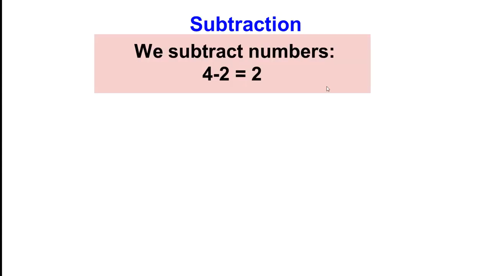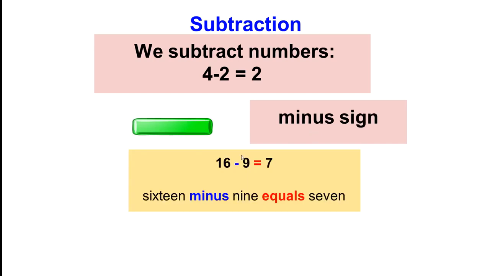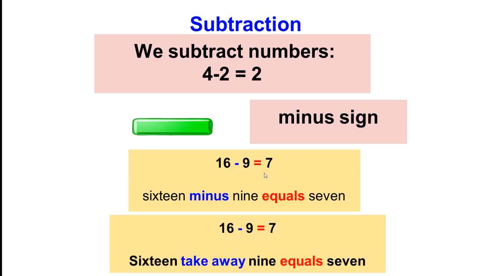Subtraction. We can also subtract numbers. This is my symbol for subtraction. It's called the minus sign. We say, for example, 16 minus 9 equals 7. We can also say 16 take away 9 equals 7.